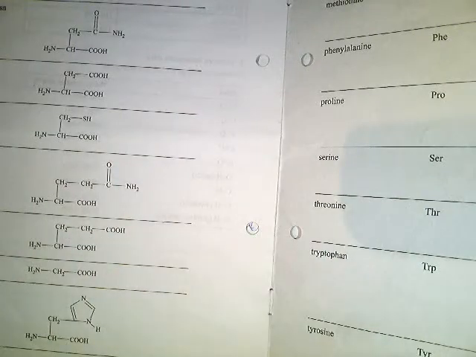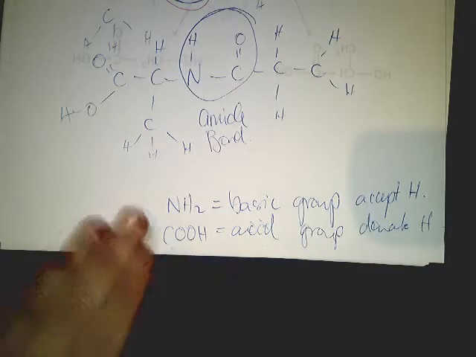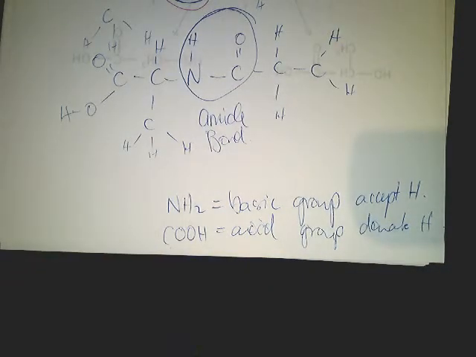So any of these amino acids are acidic and basic. So if it asks a question, what amino acid will react with HCl? The answer is any of them, as long as they've got a freed up, so they're a single amino acid, they've got a freed up amino group and carboxyl group.